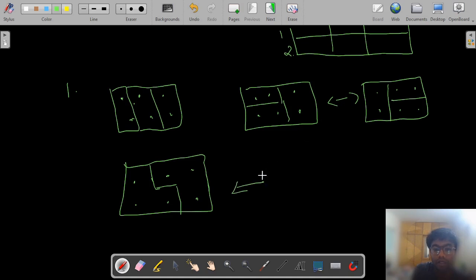And similarly, we can have two more mirrors: a domino with a horizontal one at the start and one domino here, and this is exactly the mirror.